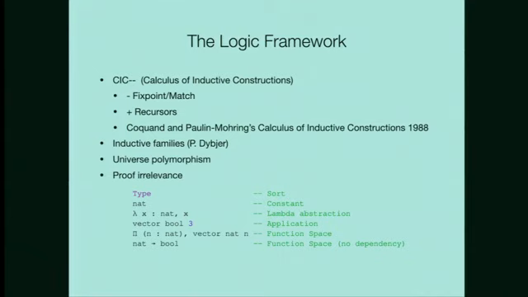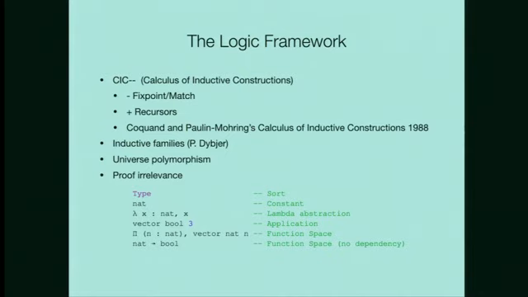I say, okay, now I'm calling it CIC minus minus because instead of having fixed point and match, you have recursors. And actually, this is the original paper by Coquand and Paulin-Mohring. If you go there, they use recursors. They don't have fixed point and match. This was later development. We use inductive families, as described by Peter.